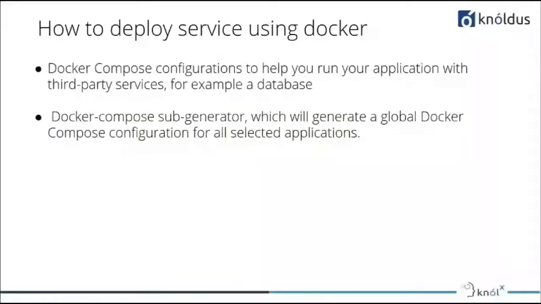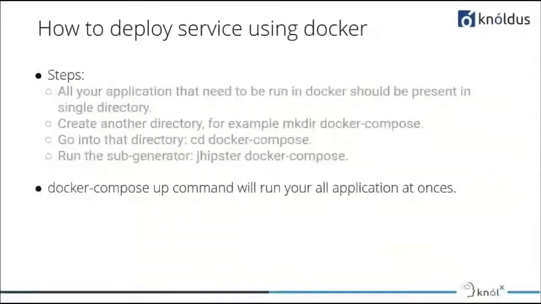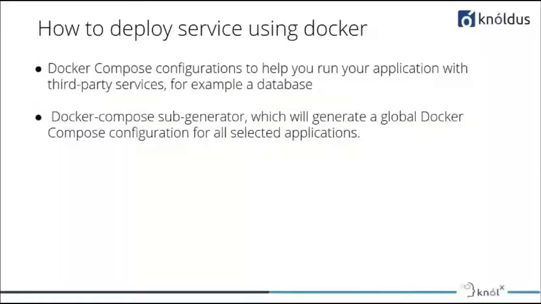So what the JHipster Docker generator does, it creates a Docker Compose file, which knows what application needs to be started first in the correct order. So it's a very intelligent tool.